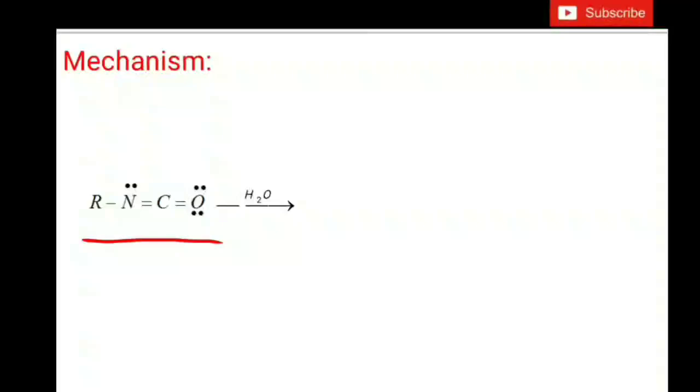When it undergoes hydrolysis, the bond present between nitrogen and carbon is a double bond which contains a pi bond. That pi bond will be broken, and from water H plus will be added to nitrogen and OH minus will be added to carbon.